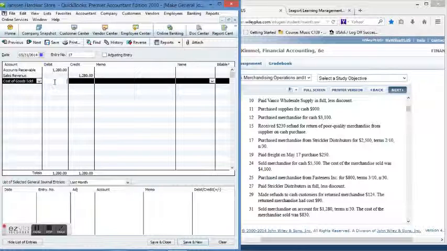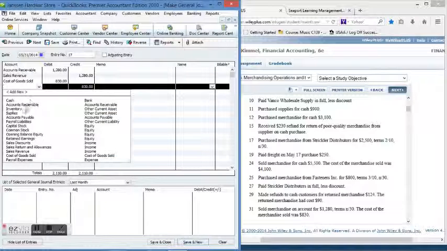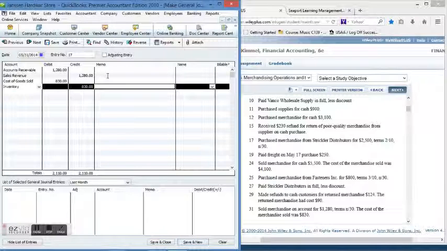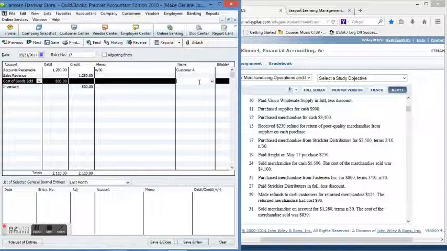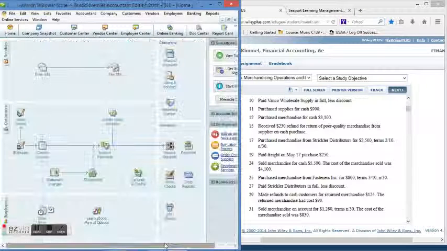Alright, once again, value of the goods sold. Debit cost of goods sold, $830. Inventory, $830. Go ahead and put in that little note, net 30. And then, of course, it needs a customer. Anything done on account needs a customer or a vendor. Alright, save and close. That's the last of that.